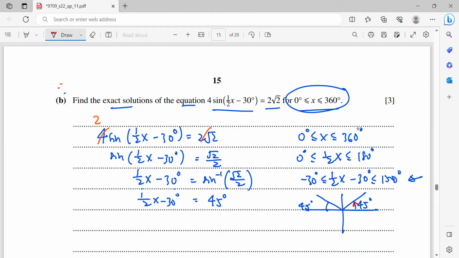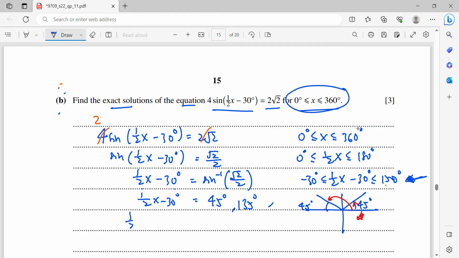Negative 30 is counted from the bottom, but then there's no angle here, so we just ignore. So we count 45, and the next one is this value, as long as it is less equal to 150. So the next value is 180 minus 45, which is 135 degrees. So as long as these two angles are within the interval, that means we are safe.